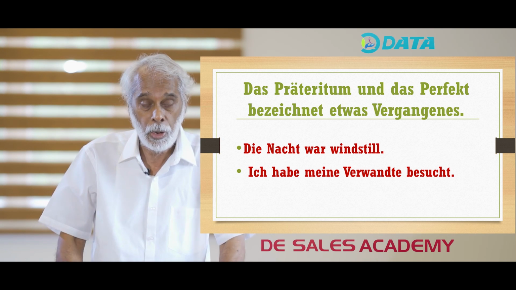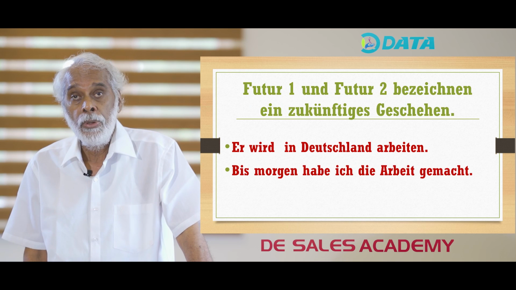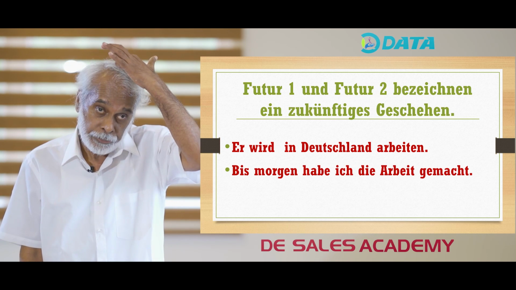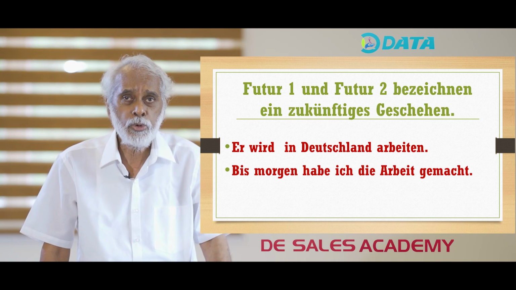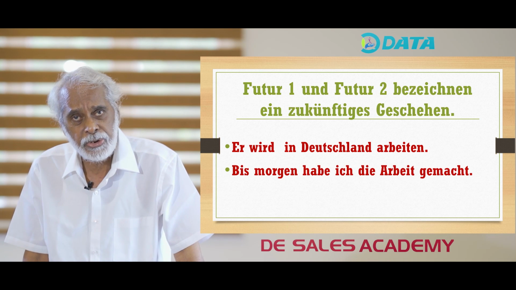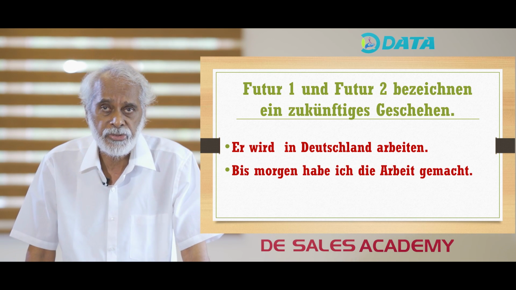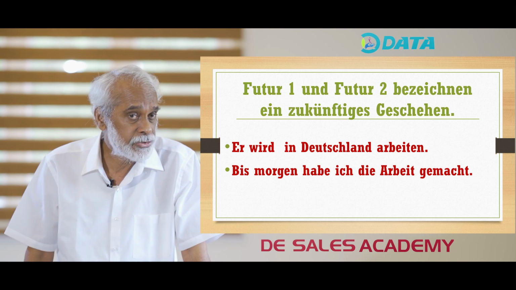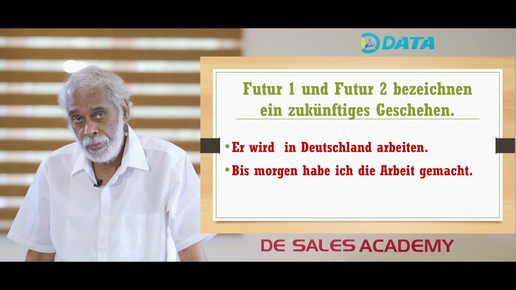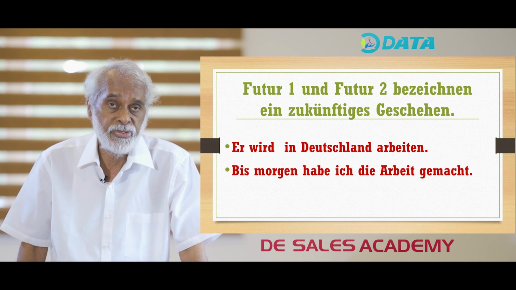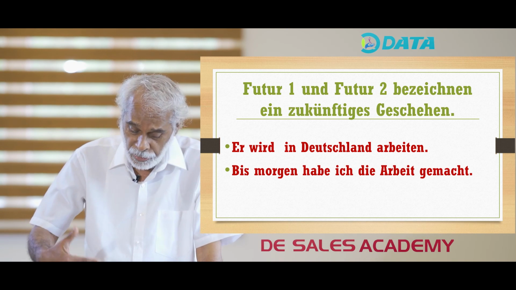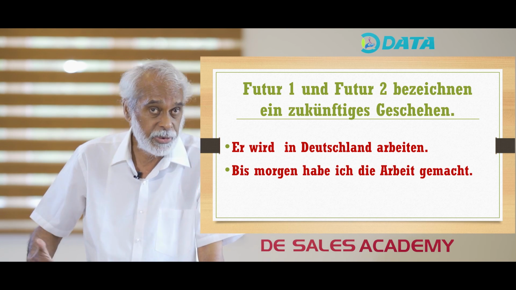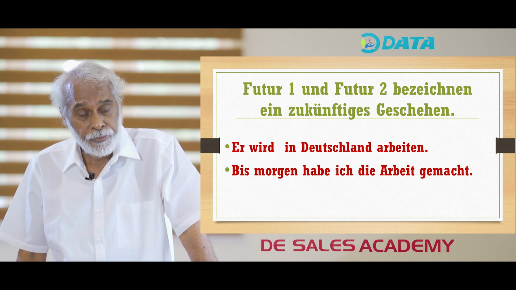We'll come to that now. Futur 1 und Futur 2 bezeichnen ein zukünftiges Geschehen. That we have already discussed in many of our videos, but I'm just repeating it once again, since we are discussing the present and Vergangenheit.